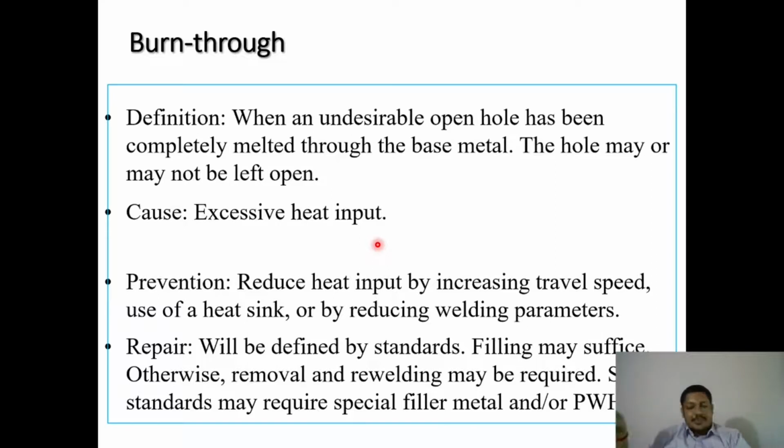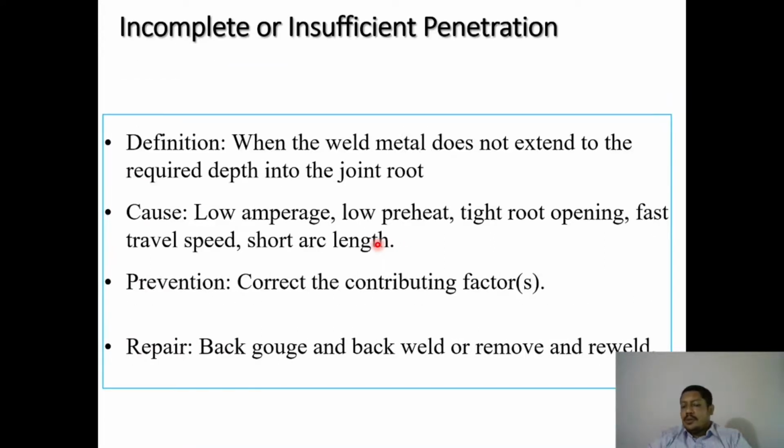Same way, by increasing excessive current, the same electrode can be used for cutting purpose also. So that is burn through. Burn through is definitely a rejectable or repairable flaw. It is not acceptable, whatever the weld or wherever the application is.